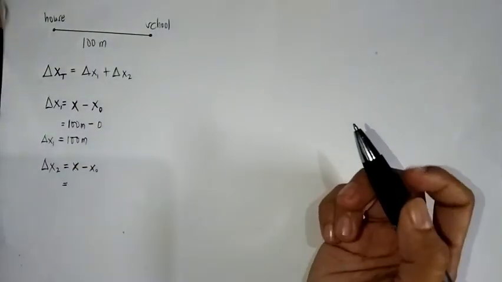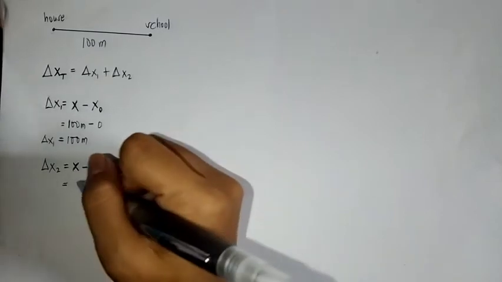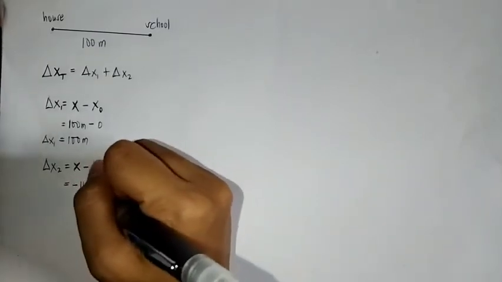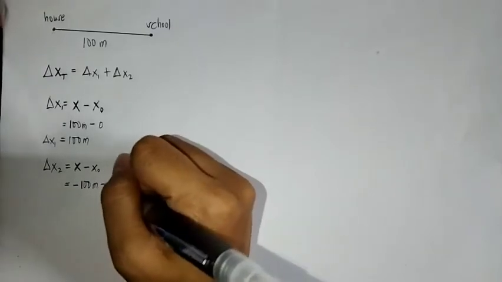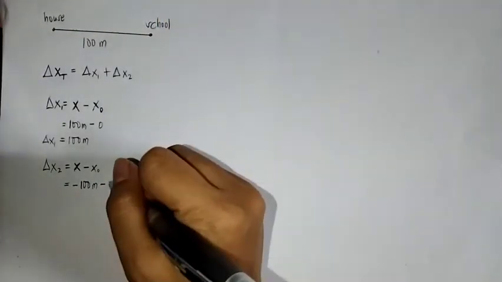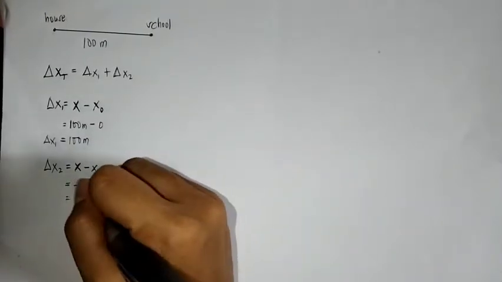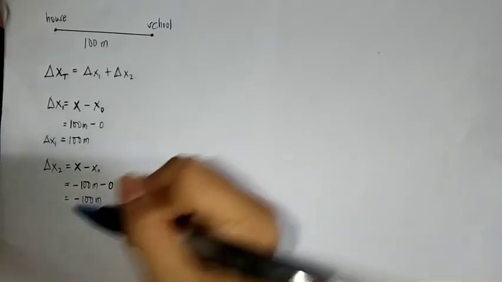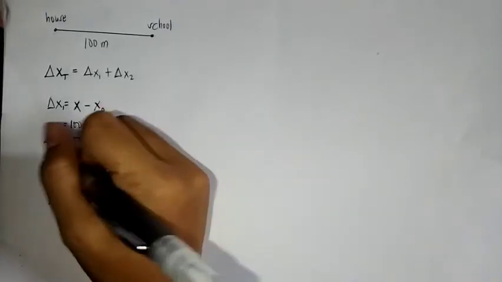That is still 100 meters, but the direction is opposite already, so it becomes negative 100 meters. Still, the initial position is 0 since it is the starting point. Negative 100 meters minus 0 is negative 100 meters.